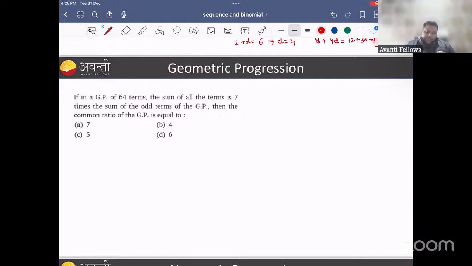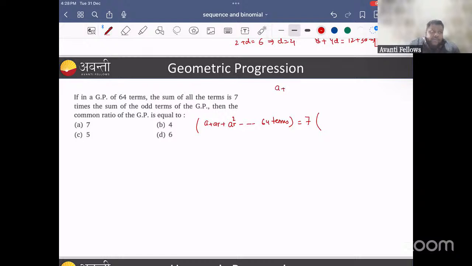Now, in a GP of 64 terms, the sum of all the terms means a plus ar plus ar square and so on, all 64 terms, is equal to 7 times the sum of the terms occurring at the odd places.